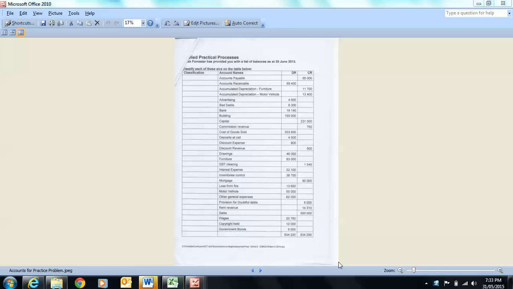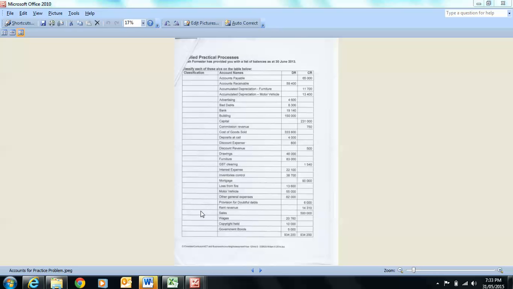So the first thing you're probably going to do is have to classify all of these different accounts. Are they assets? Are they liabilities? Are they expenses? And you should be fairly comfortable when you say, for example, looking at sales, saying, yeah, that's an income account.